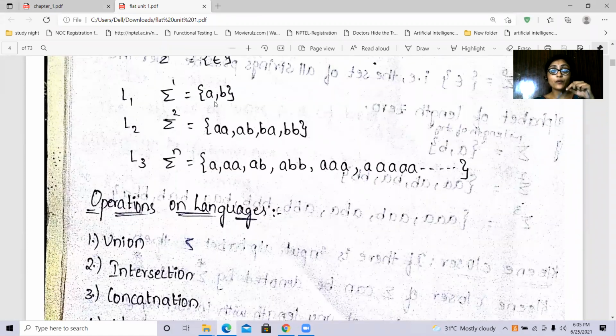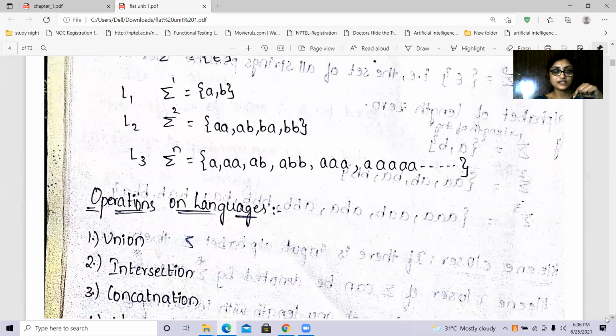L1 is a language which is the collection of all the strings with size 1. L3 is the collection of all the strings with length 1, 2, 3, and also it is the collection of infinite strings also. A string which does not stop and continues to extend is called an infinite string.